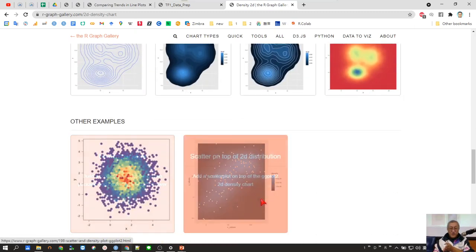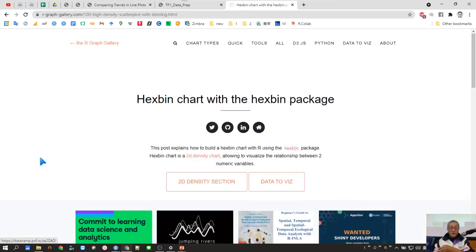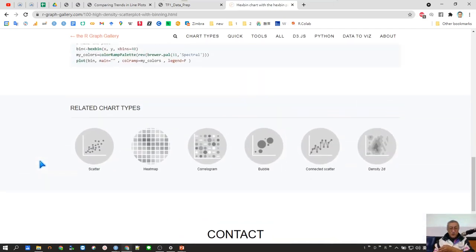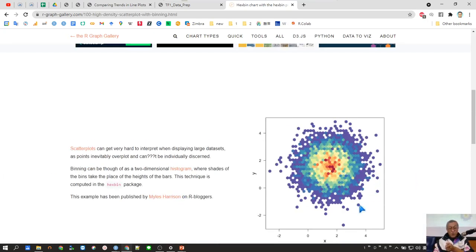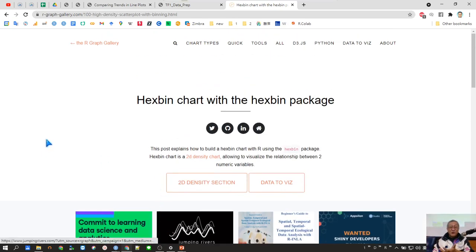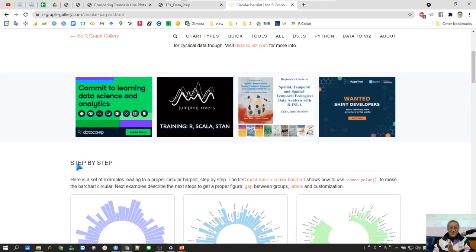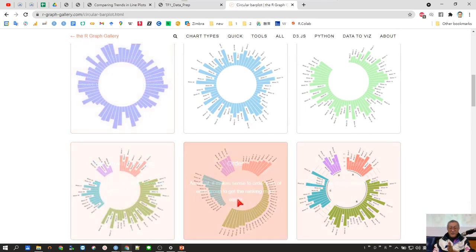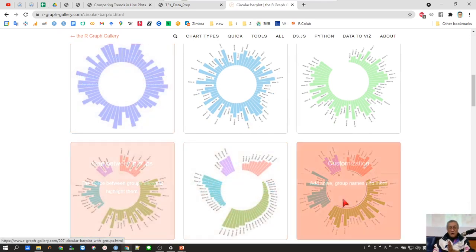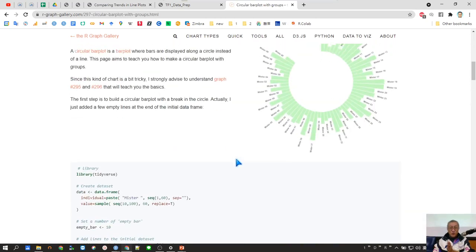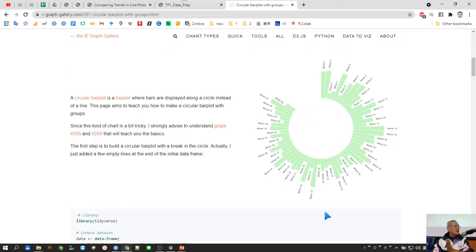If I want to see this, it should show you the code. It's like a gallery. You have different chart types, you just pick one, and then it will show you the code to make this chart.